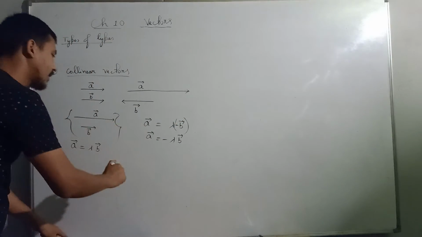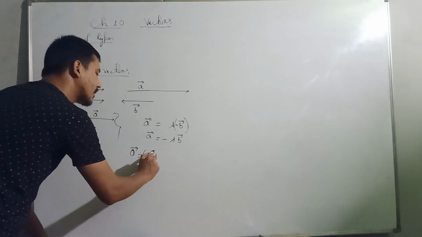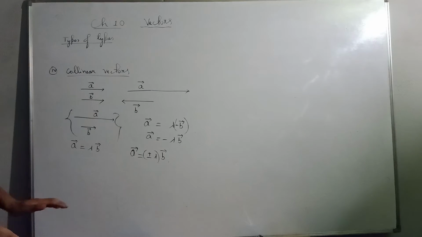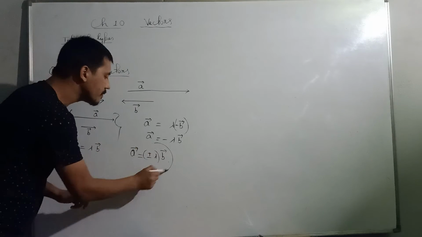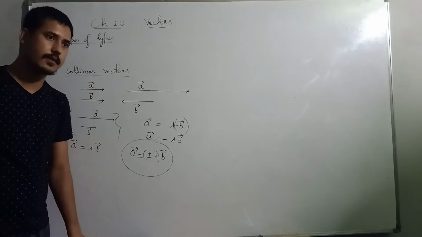In general, I can write vector A is equal to plus or minus lambda times vector B. If you can prove this condition, then you can conclude that the two vectors are collinear.